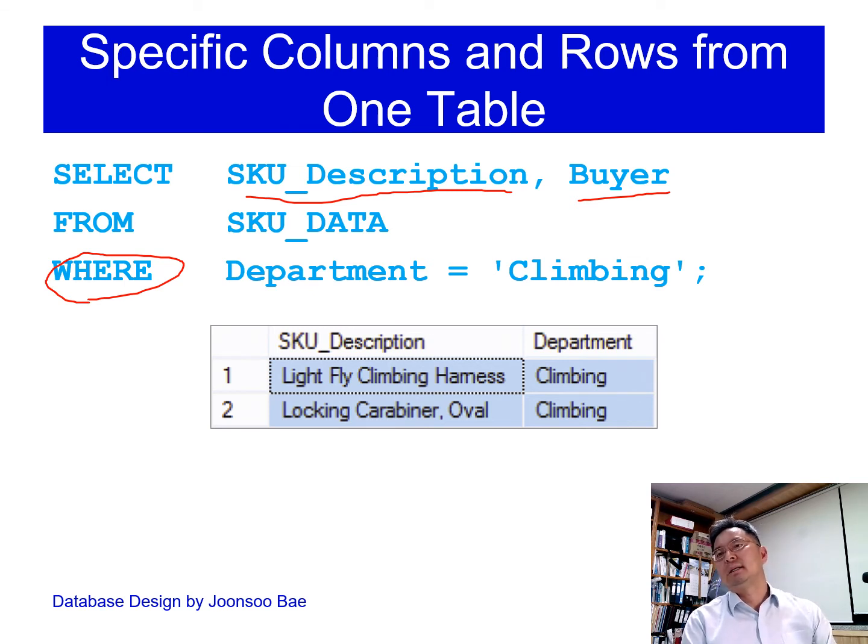This will be interpreted as: the SKU description and the buyer column will be searched from SKU data that has the climbing department. Yes, this is the result. Only the climbing department will be searched, and only the SKU description and department columns, if you run this SQL statement.